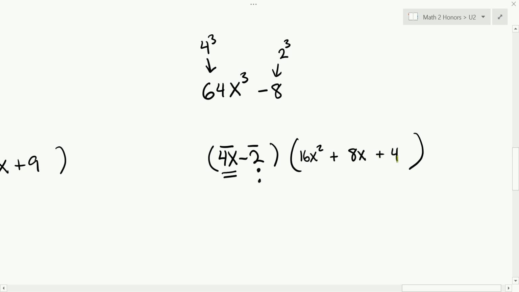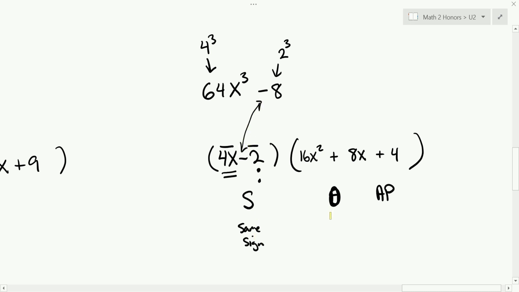Now, to remember the signs, here's what I do. I spell SOAP. SOAP stands for: S is same sign, because these two have the same sign.